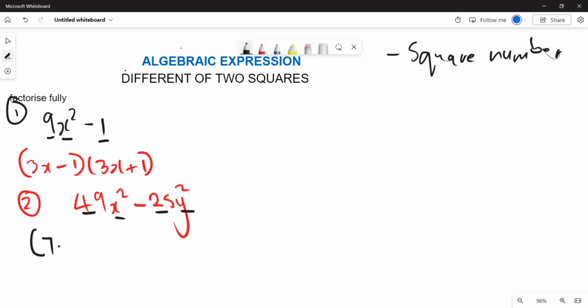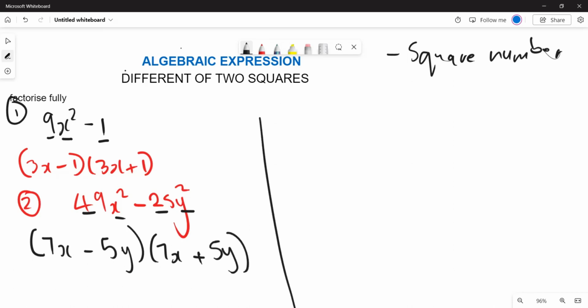So this is going to be 7x subtract 5y, and the other one is 7x plus 5y, right? Then you have solved this example on the difference of two squares.